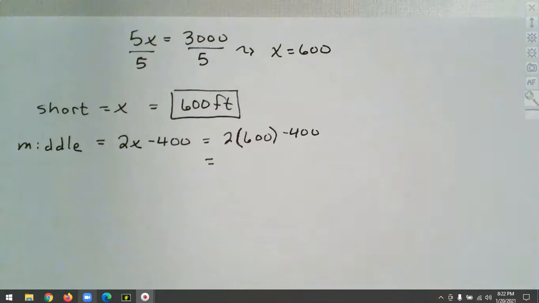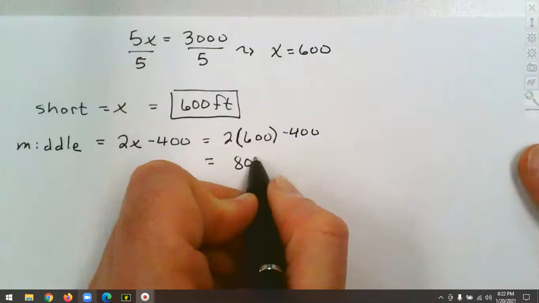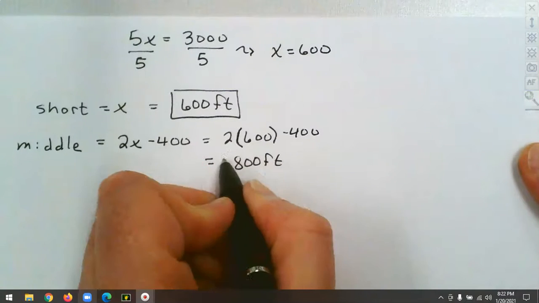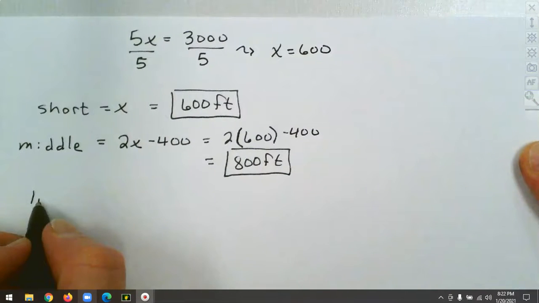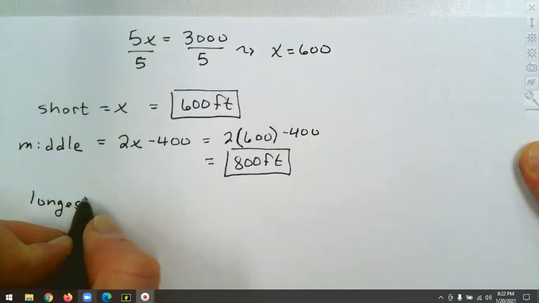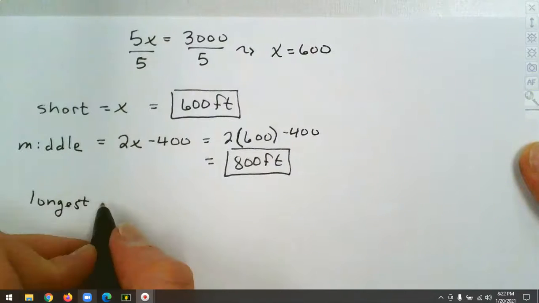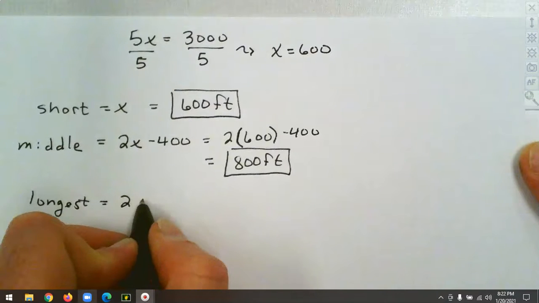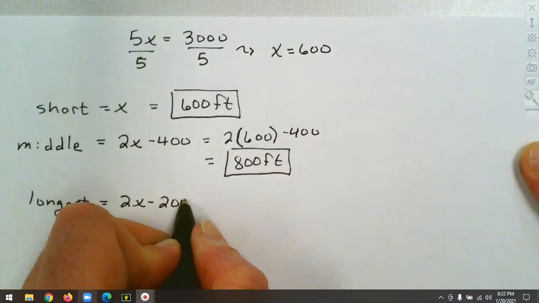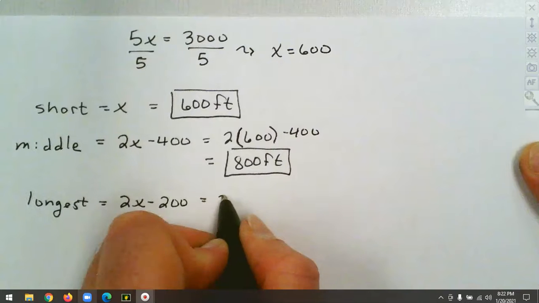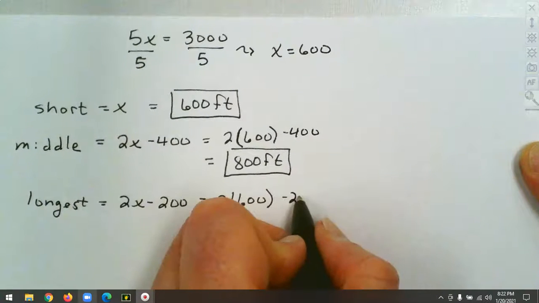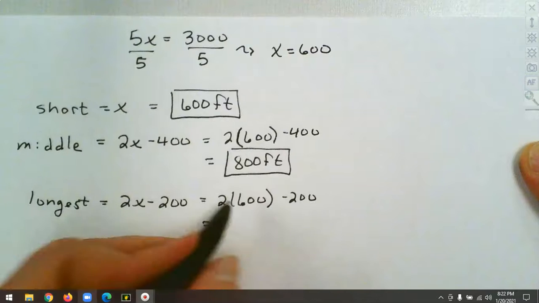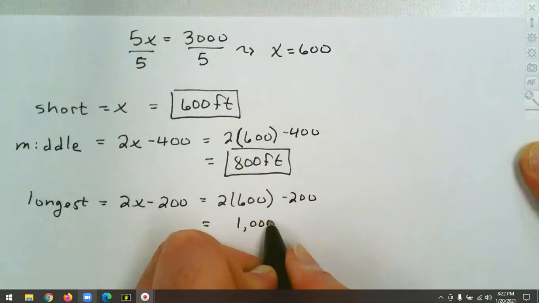It makes it 800. And that's 800 feet. And then we need our longest side. And what's the longest side? Well, the longest side is 2x minus 200, which is then 2 times your 600 minus 200, which is then 1,000 feet.